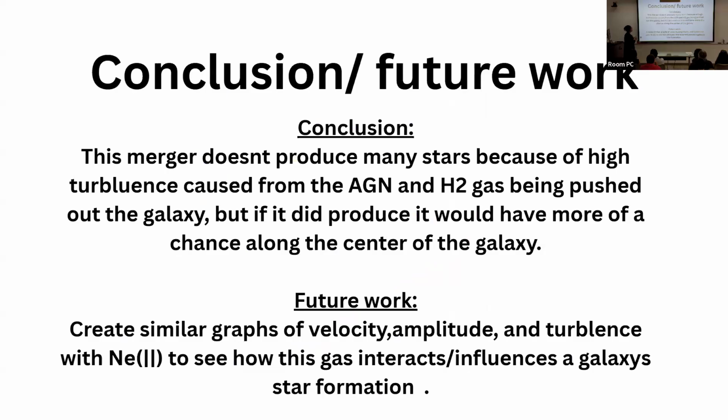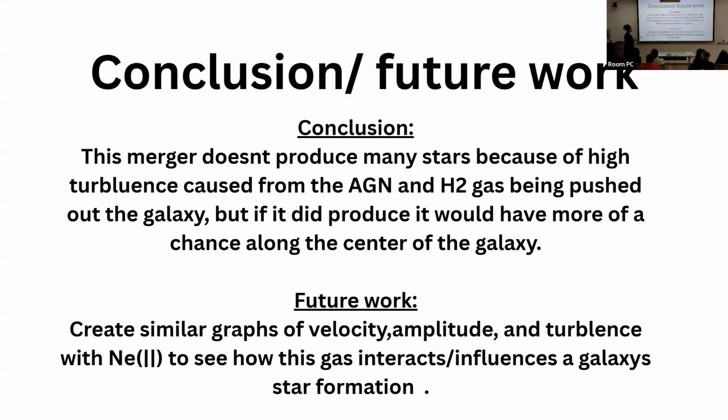So in conclusion, I don't think that this galaxy will produce any stars because of the high turbulence, caused by the AGN and the H2 gas being pushed out of the galaxy. But if it did produce stars, it would be along the center, and like the last slide I showed, it would be in that space that's not as turbulent and that has a good amount of H2 in it.